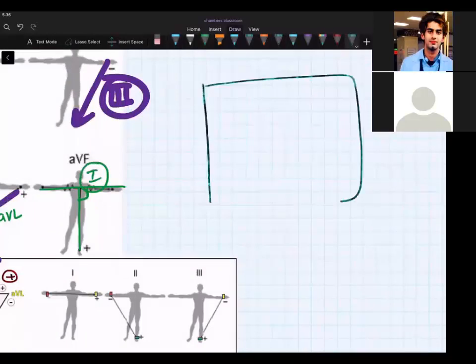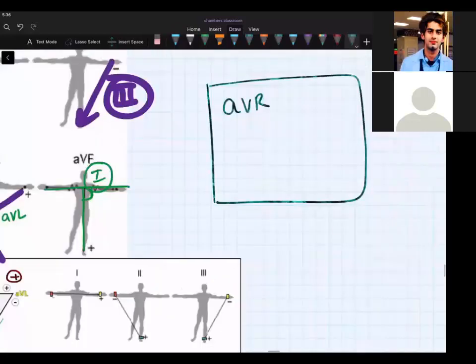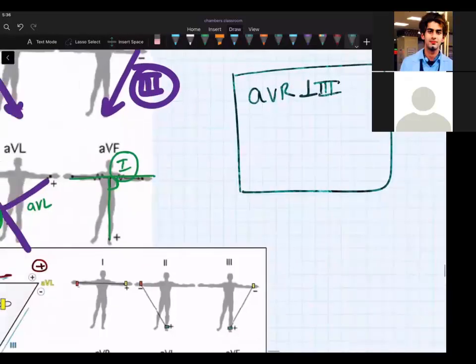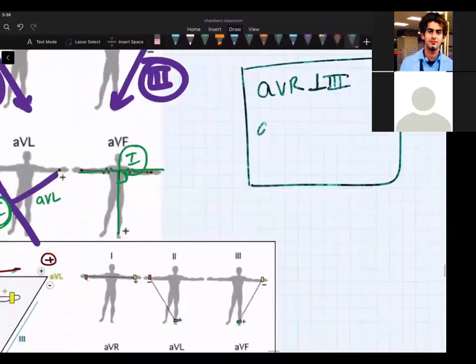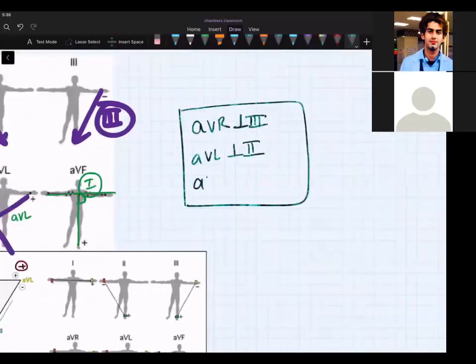This box will clear your ECG concept. AVR, perpendicular to lead 3. AVL, perpendicular to lead 2. AVF, perpendicular to lead 1. Is it clear, guys? I hope you have understood this topic.